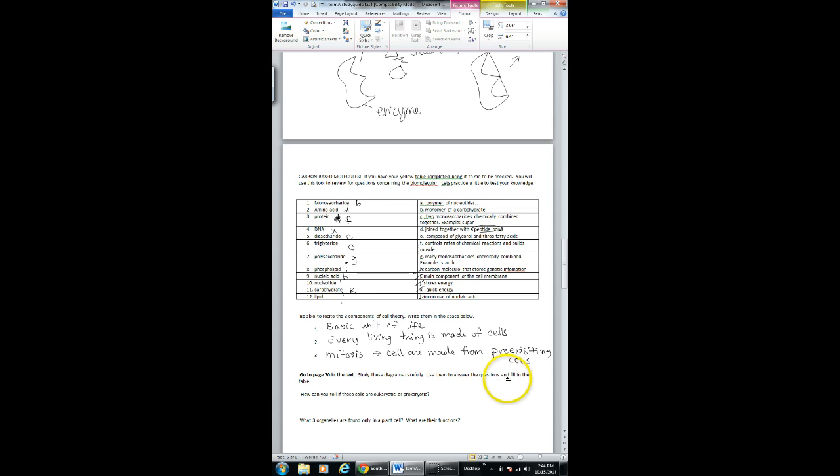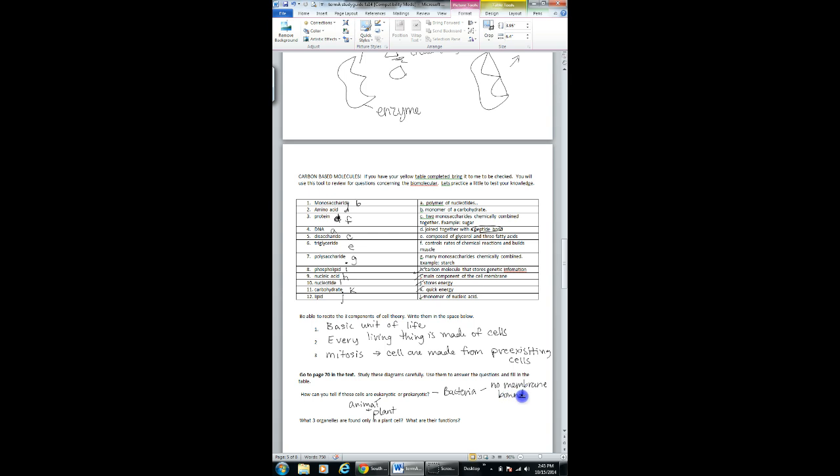Okay, so the next thing here is how can you tell if a cell is eukaryotic or prokaryotic? Eukaryotic cells are going to be animal and plant cells. And prokaryotic cells are going to be bacteria. And remember, bacteria have no membrane-bound nucleus, membrane meaning that it's enclosed.